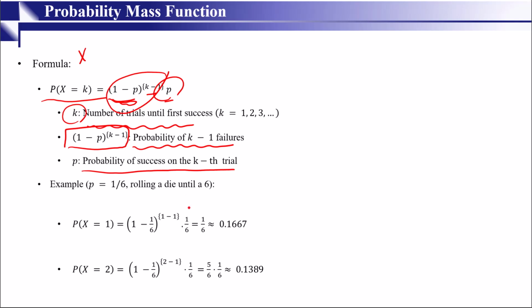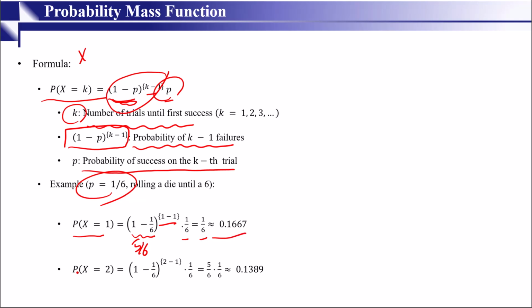So let's see one example here. For example, if we roll a die until we get a 6, the probability is 1 by 6. If we get it in the first roll, P(X = 1) is (1 - 1/6)^(1-1) × 1/6, which is 5/6 to the power 0 times 1/6, which is 1/6, and then it is 0.1667.